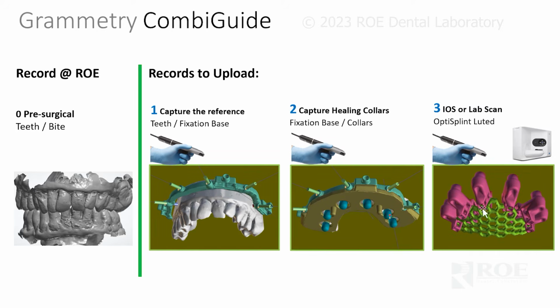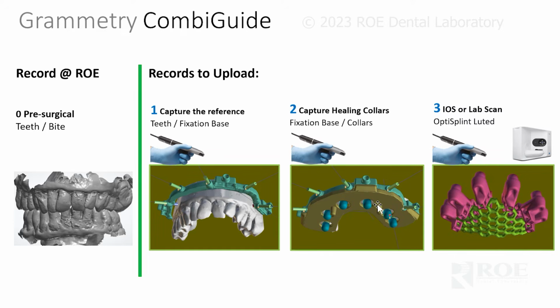And then the third scan is of the opti-splint. Now, a fourth scan you can add in here is: carrier guide comes off, fixation base comes off, suture around the healing collars, scan. That gives us the tissue. Now, we've planned the tissue for this case, so we know it's flat, we know where it is.